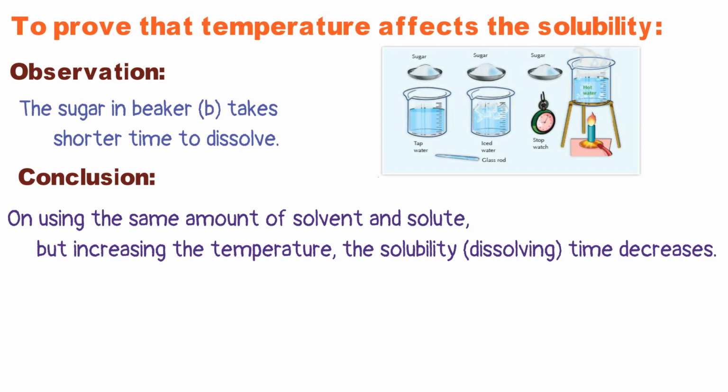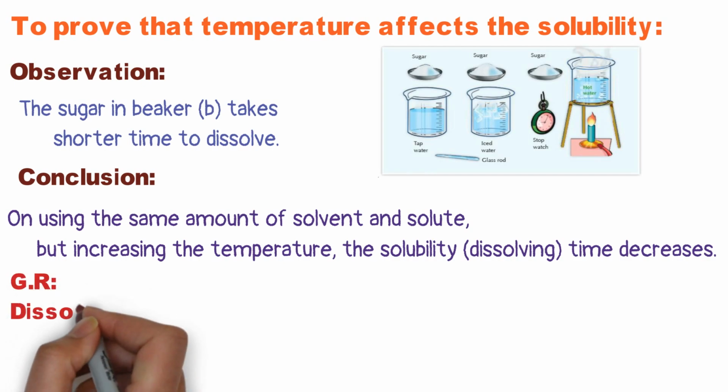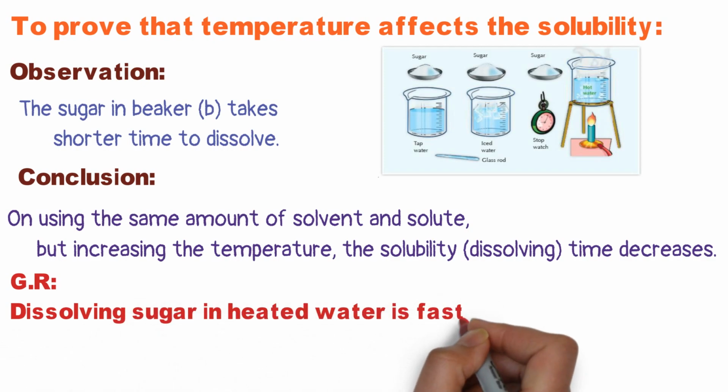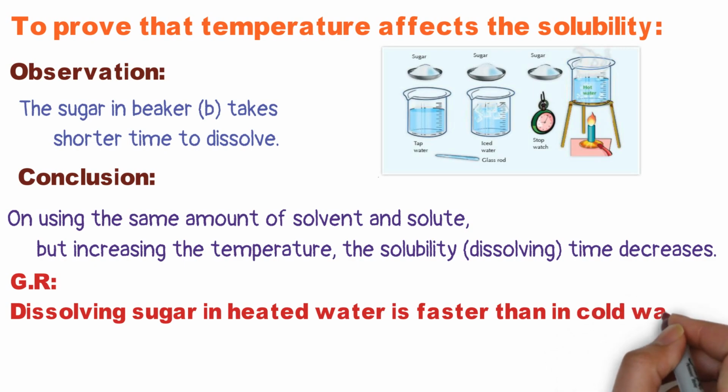If I asked you a question, give reason. Dissolving sugar in heated water is faster than in cold water. Why do you think that dissolving sugar in heated water is faster than in cold water, as we said before?